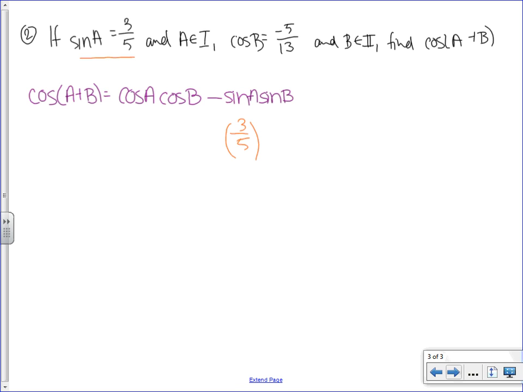They told me that the cosine of B is negative 5 over 13. This minus sign will stay a minus sign. And we're going to go back, use our Pythagorean identities to find the cosine of A and the sine of B. So let's see, I've got sine squared A plus cosine squared A is equal to 1. I know that sine squared A is 3/5 squared.